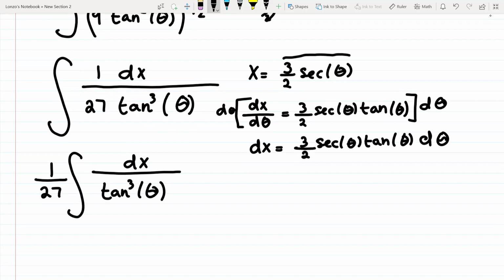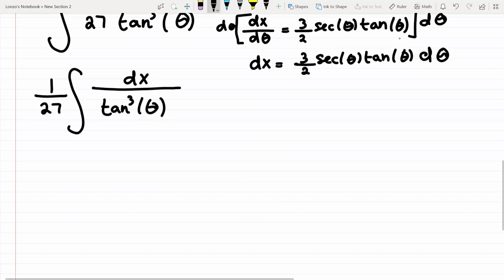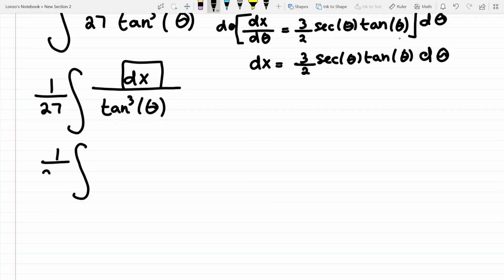Now we can replace dx with 3/2 secant theta tan theta d theta, so I'm going to replace dx with that whole thing.